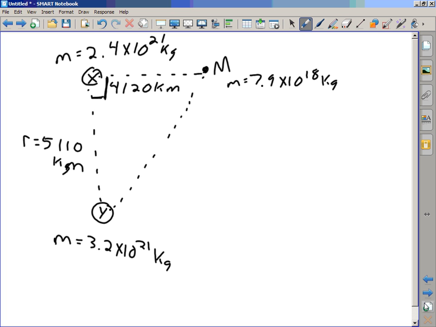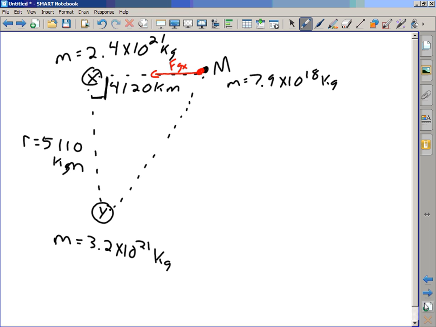Let's find the net gravitational force on the moon. Just an idea for you how to do this. All right, turn you loose. So you got two vectors. You got the force of gravity from X pulling like that. By the way, what angle is the force of gravity from X pulling at? What angle is directly to the left? 180, right?